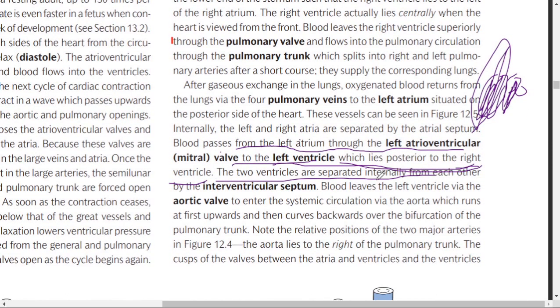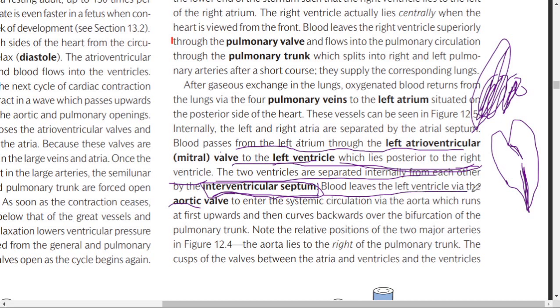The two ventricles are separated internally from each other by the interventricular septum. So we used to say there is the atrial septum, and here we can see there is the interventricular septum.